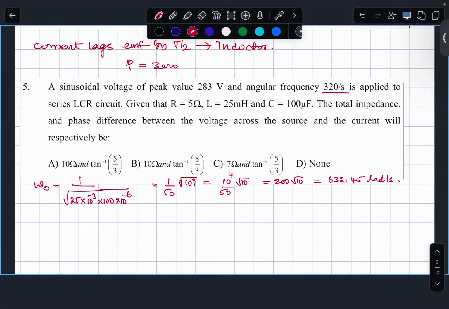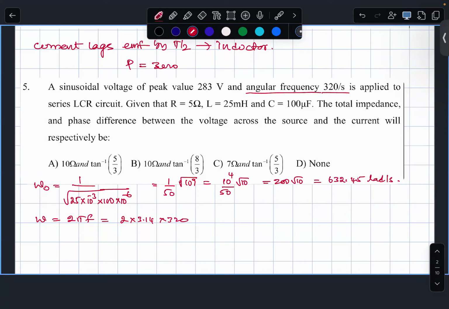Now obviously that frequency is not resonant frequency. Angular frequency is given, and since the units are per second, convert into radians per second: 2πf, that is 2 into 3.14 into 320.